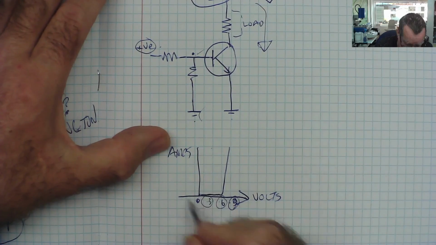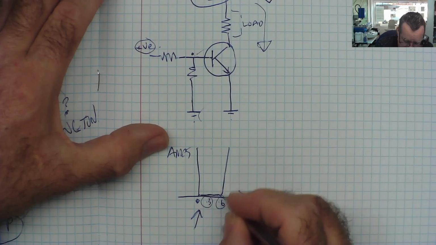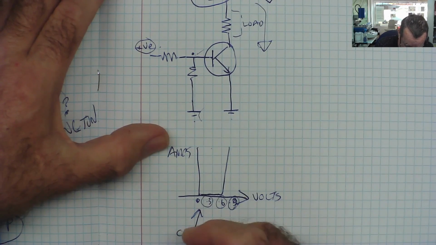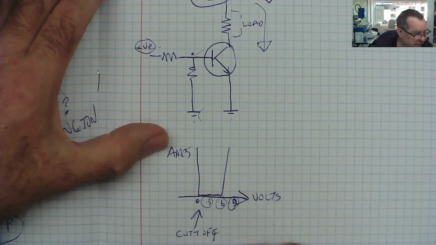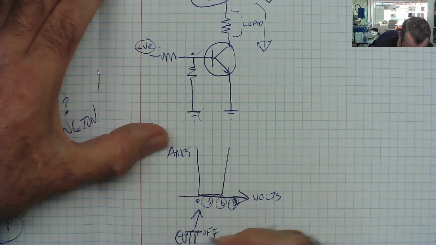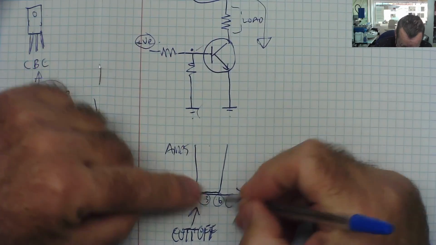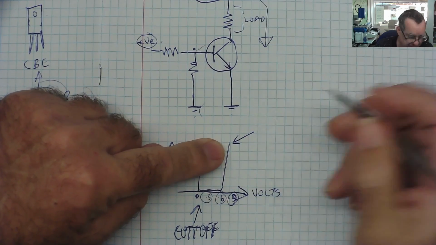This area here, before the transistor can switch on, before you get to 0.6 volts, this is called cut off. Okay, there's only one T in it. Cut off. The transistor is cut off, so it can't switch on. Once you get to this point here, it cannot switch on any more.